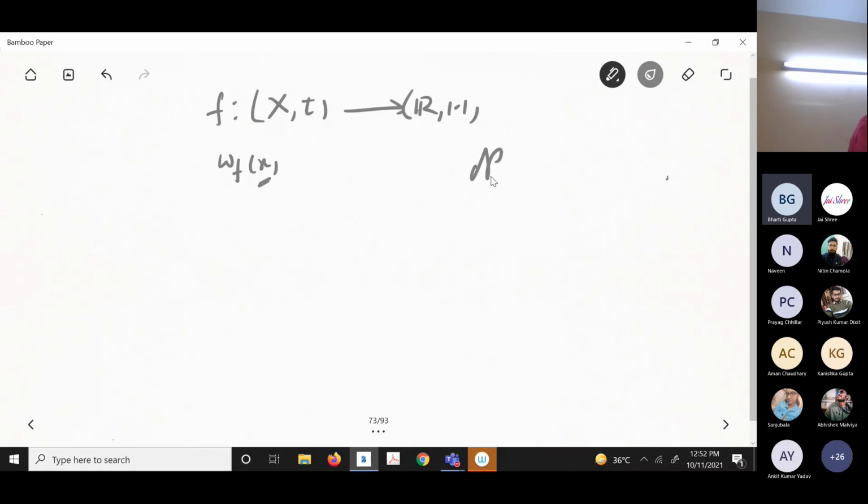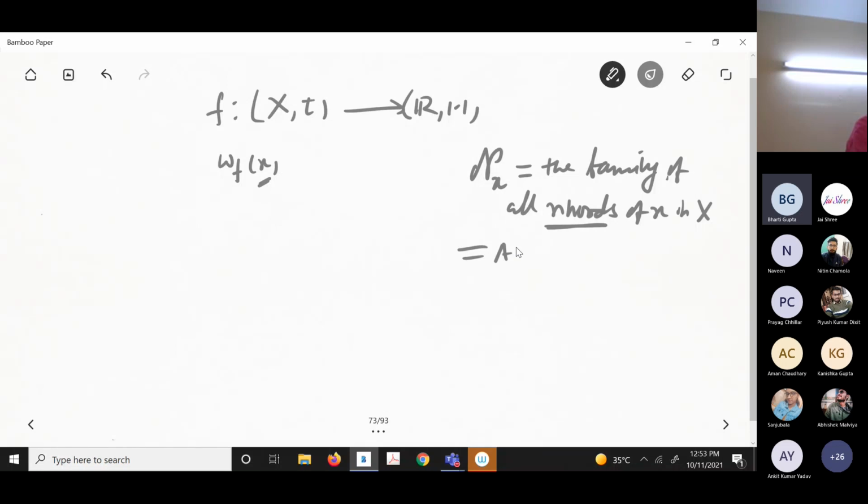Then you have N_x, the family of all neighborhoods of x in that topological space. All neighborhoods of x you should mean, that means all the open sets in X containing x.